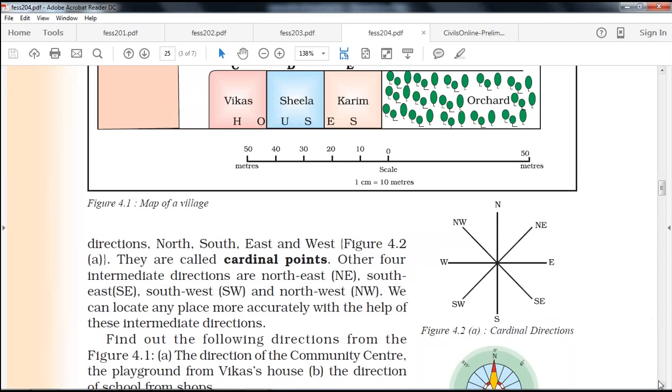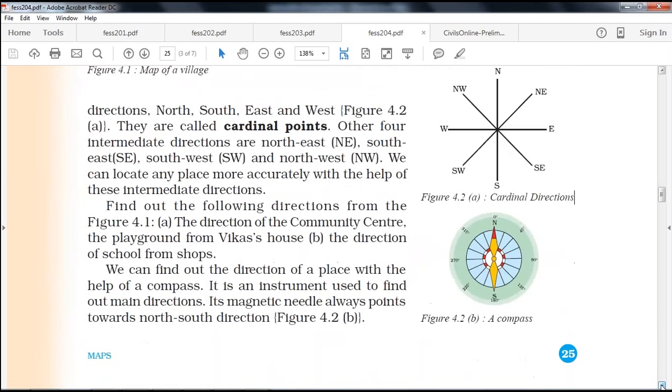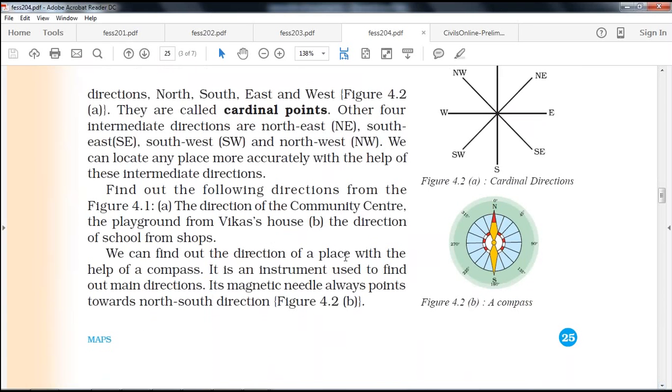And how will one know where the north direction is, and how can we point it on a map? A compass is a magnetic device we all know, which always points to the north direction. So using a compass, you will find the north direction. We will denote it on the map accordingly.